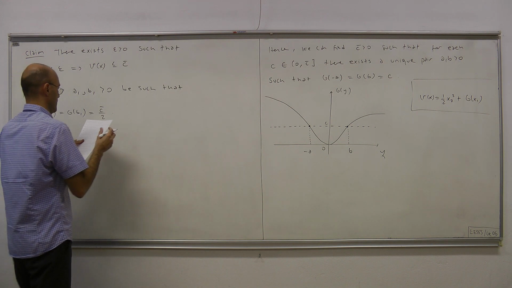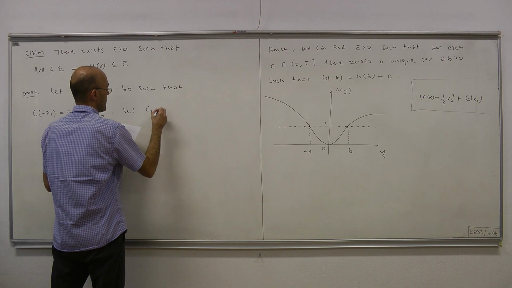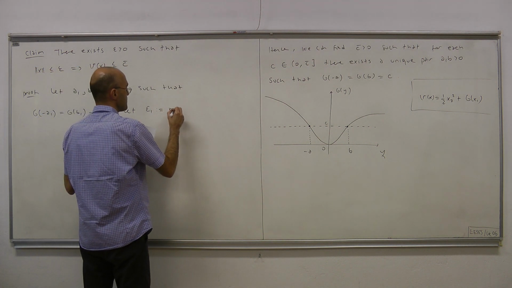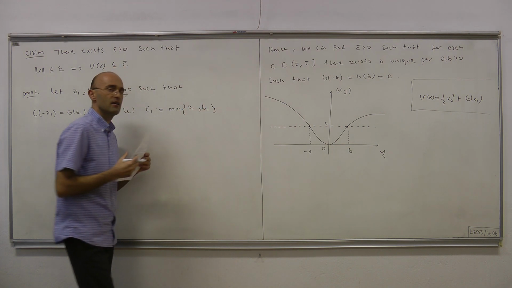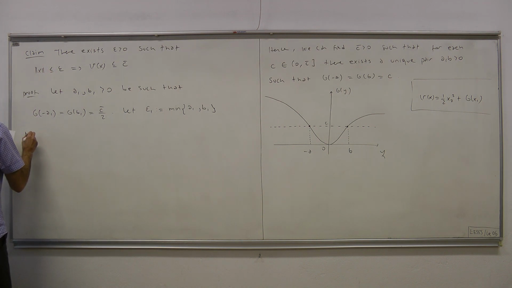And then let epsilon 1 be defined as the min of those two numbers, a1 and b1. In that case, we have the following.